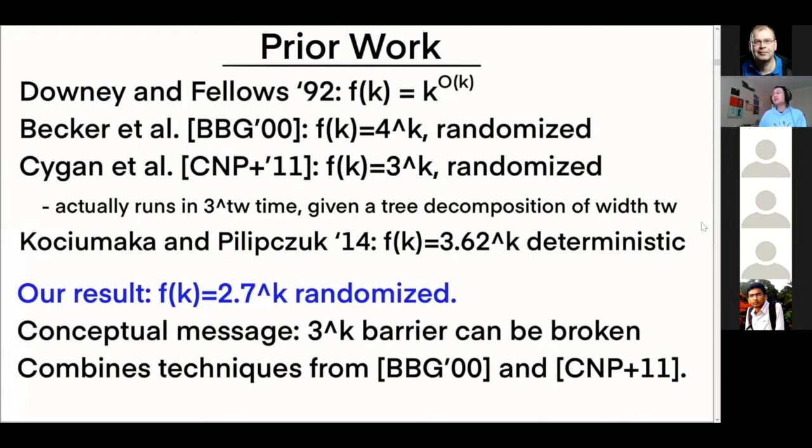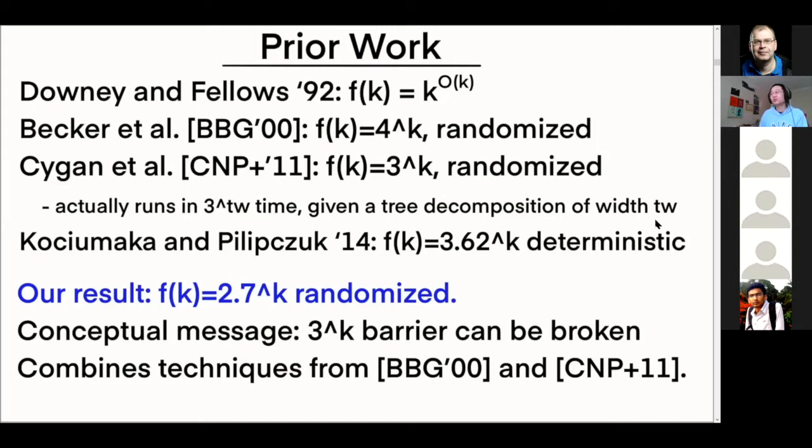You should think of this improvement between 2.7 and 3 as a conceptual message: the barrier of 3 to the k can be broken. The tools we use are kind of complex, and more or less our goal was just to break this 3 to the k barrier. Whether we got 2.7 to the k or 2.999 to the k was not qualitatively very significant.